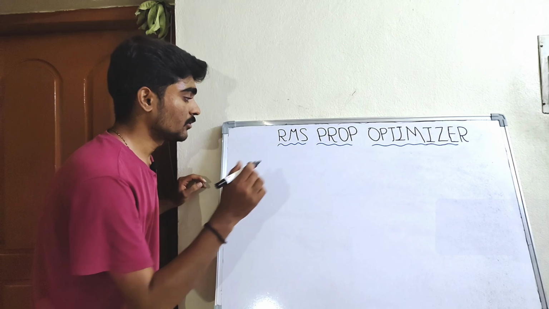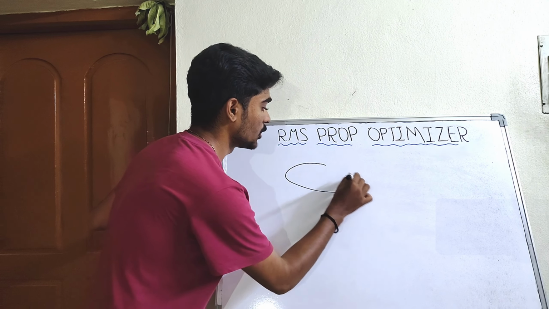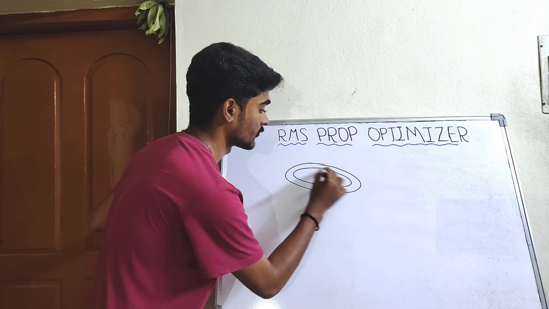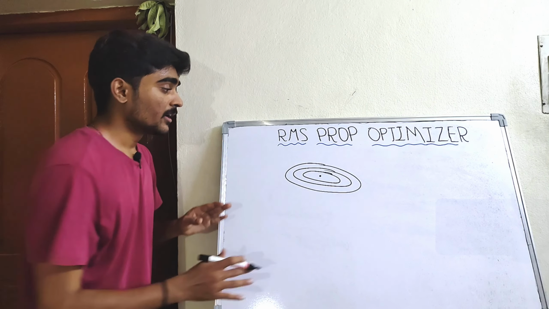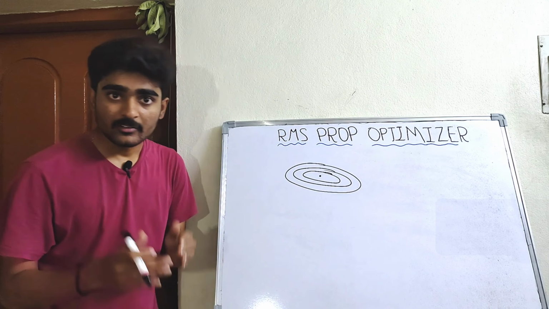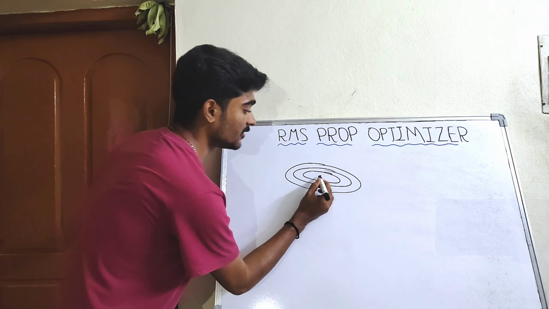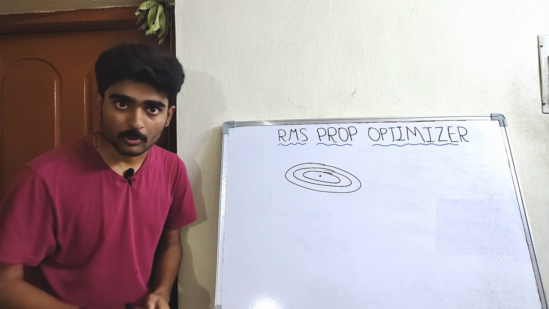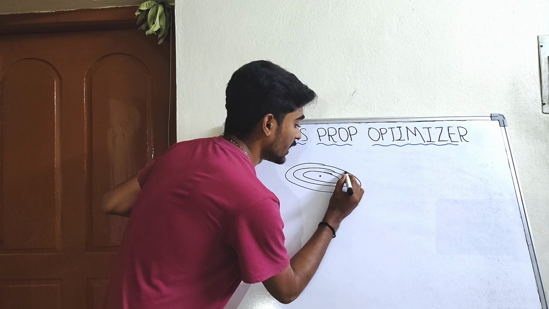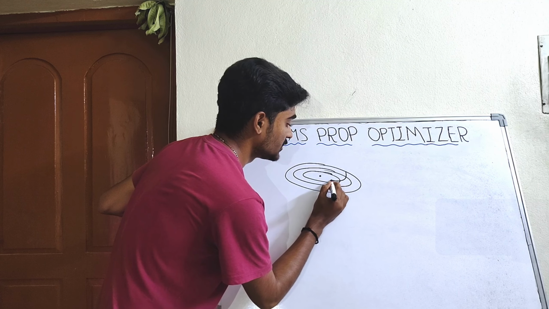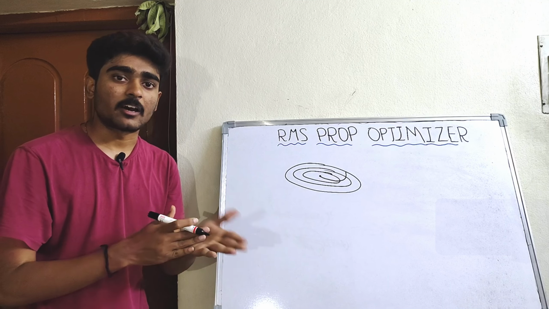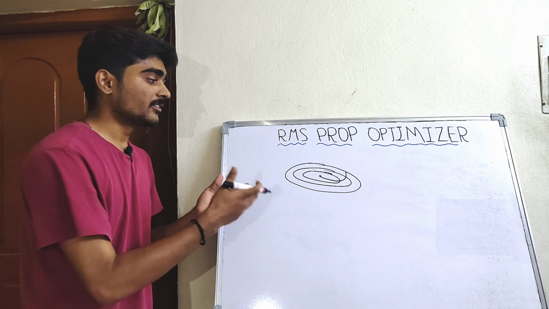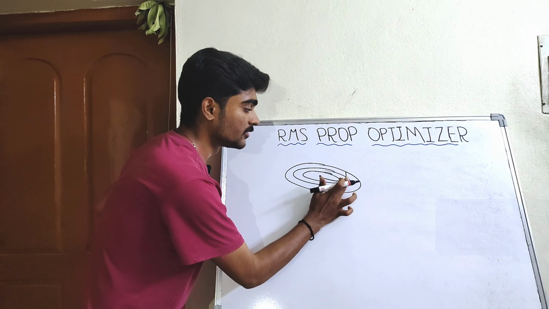But the major advantage of the AdaGrad optimizer is that it solves the problem of the elongated bowl problem. In the elongated bowl problem, if this is the graph between weight and bias and this is the global minimum point, the basic optimizers like SGD, batch gradient descent, and maybe NAG follow this path.